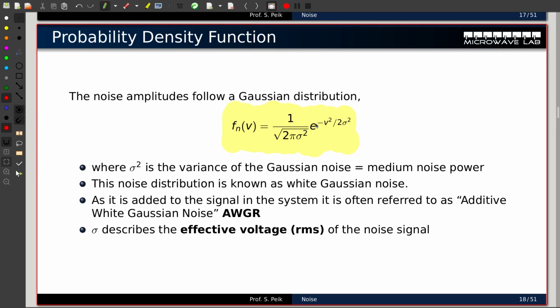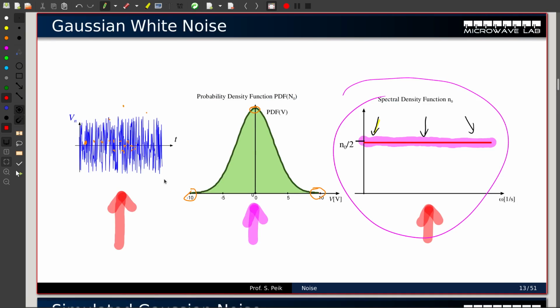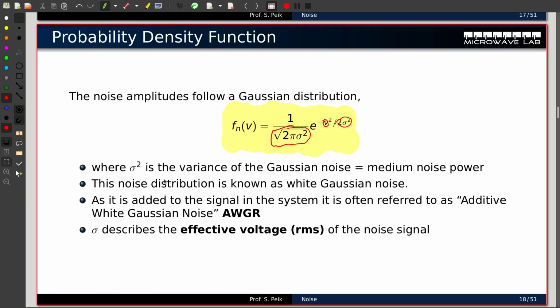It's exponential times something squared, and that something squared is my voltage here, normalized by 2 sigma squared, and also with the normalization factor square root of 2 pi sigma squared. That gives me exactly this bell-shaped function.